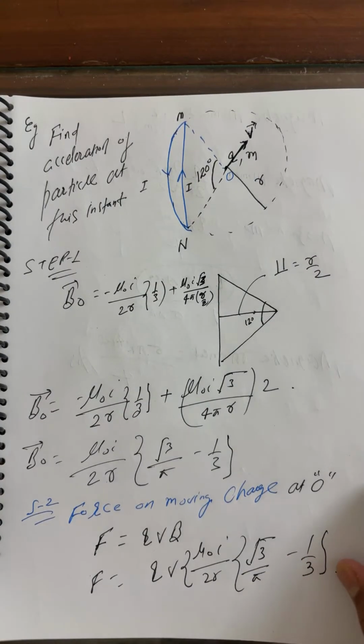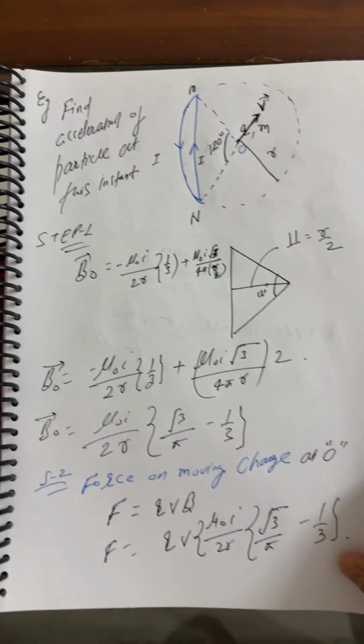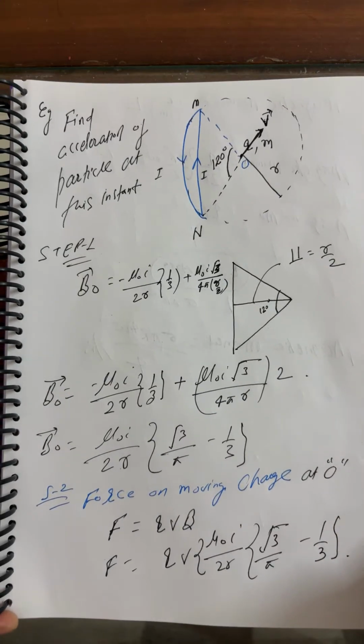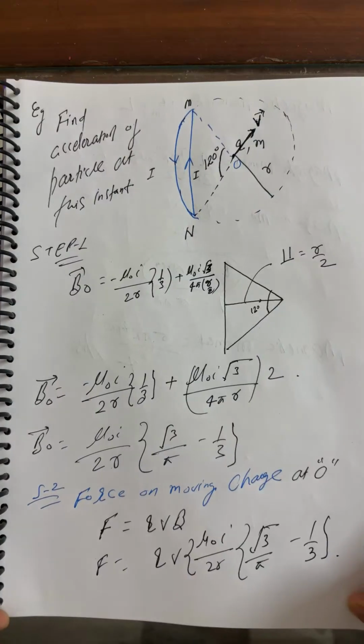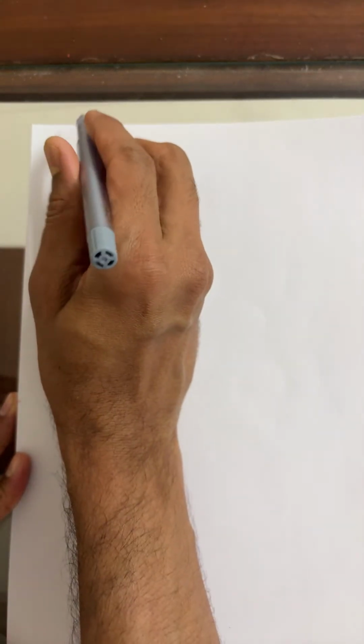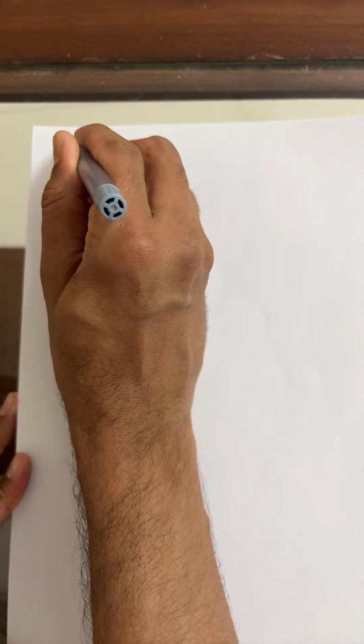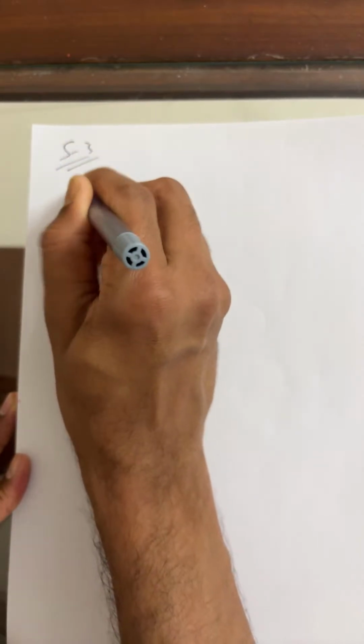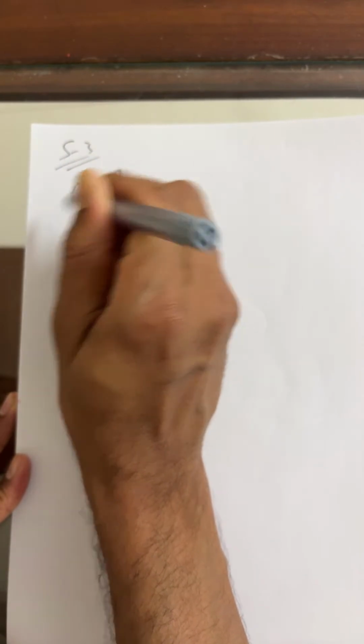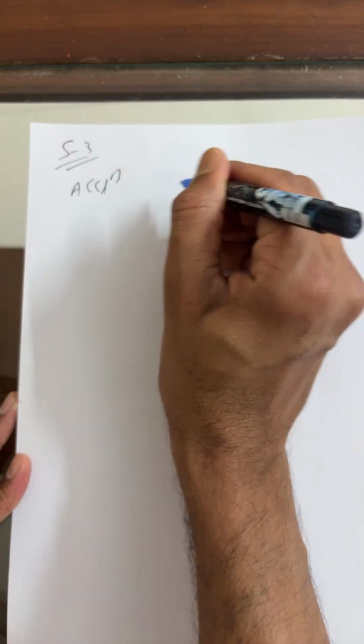So step 3, student. Now I'm going to take a snapshot. I hope you have taken it. Yes, beta. Now I'm going to write step 3 for this question, which is nothing but acceleration. What is acceleration?